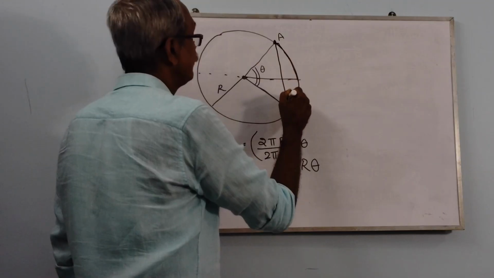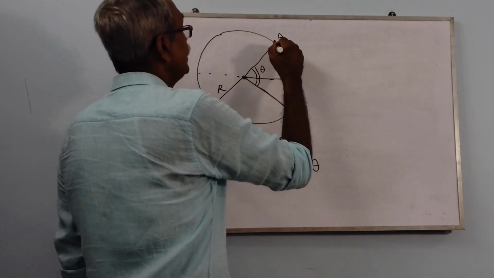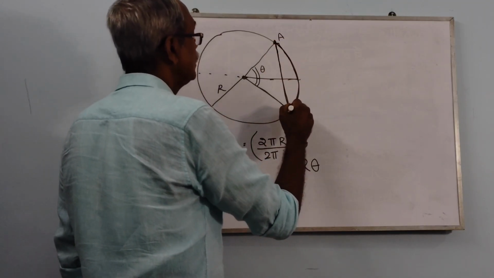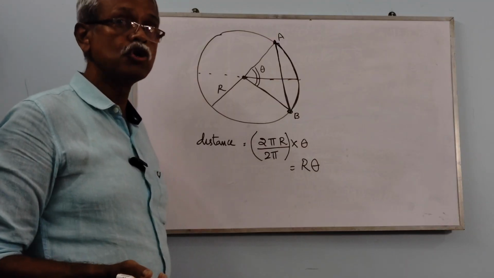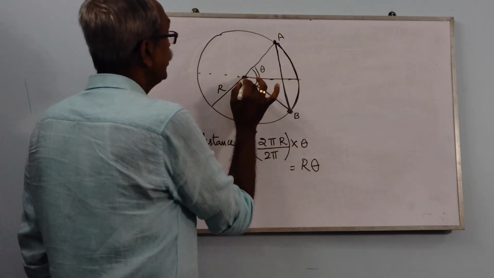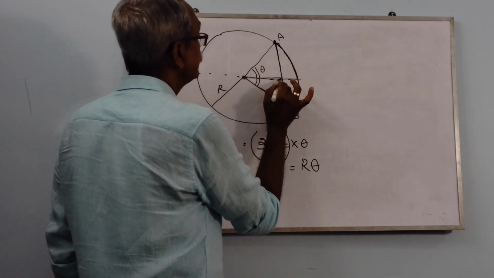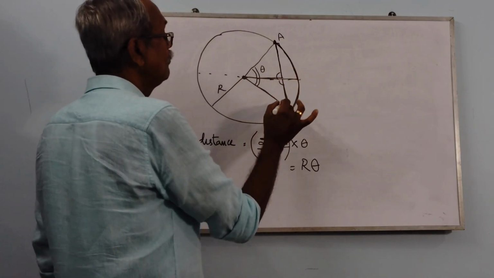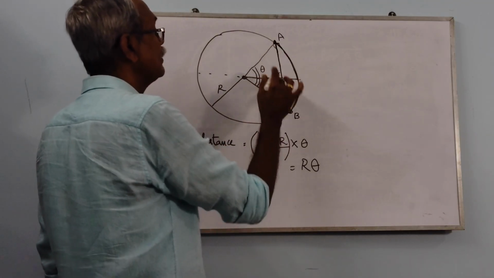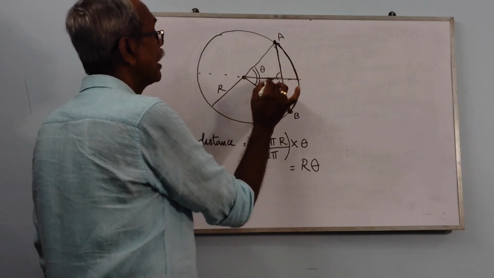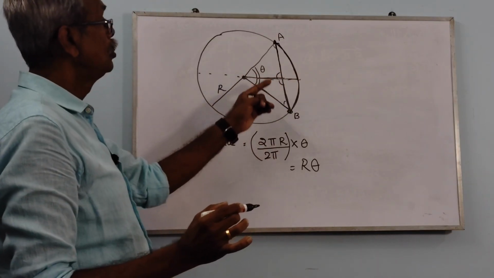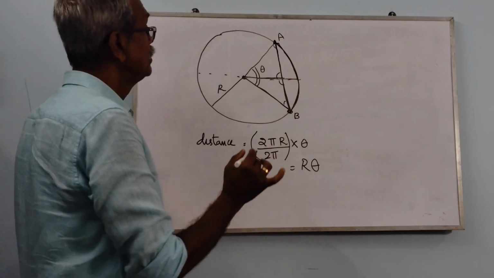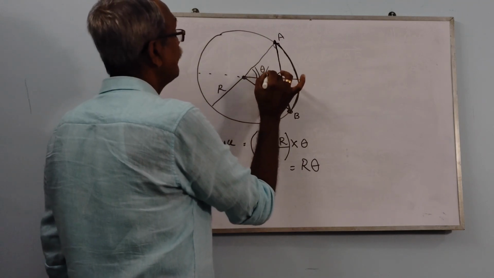That is this. This length is calculated very easily by using geometry. That is, you draw a line like this. This is a perpendicular line. This angle and this angle are equal. This angle and this angle are equal. This side is common. Therefore, these two triangles are congruent. So this angle is theta divided by 2.